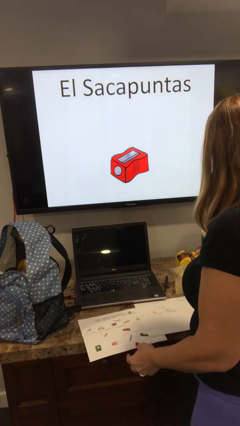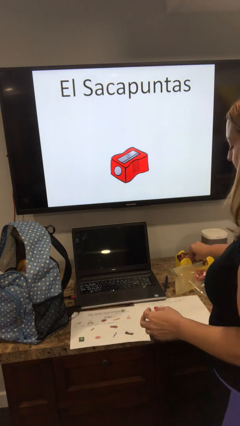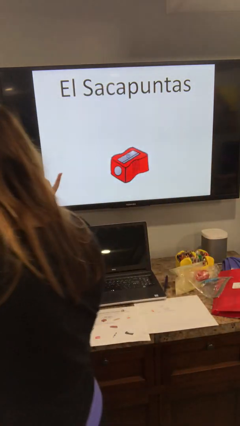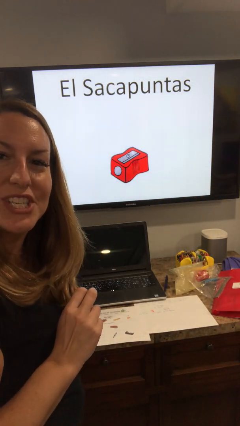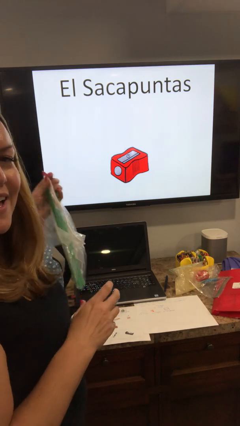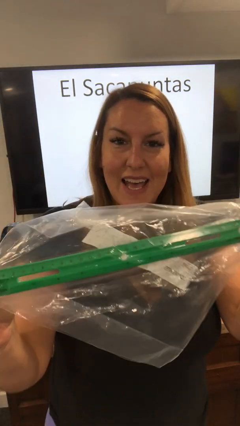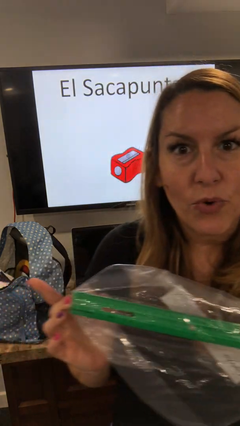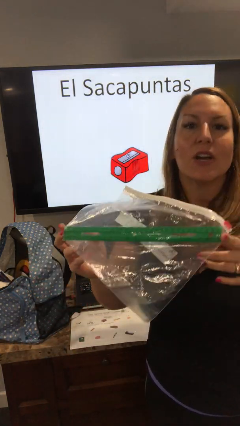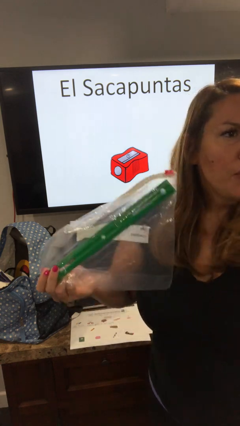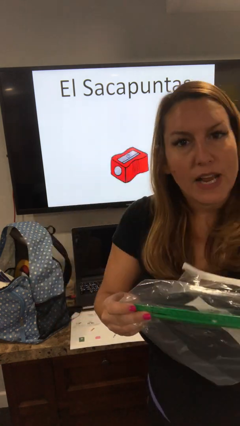Alright, the next one is a pretty easy one to remember. It's only 5 letters. So everybody ask me, ¿Qué tienes en la mochila? Tengo la regla, la regla. Notice I'm rolling my R, because in Spanish, when a word starts with R, you roll your R. La regla. So a good way to remember this one is ruler and regla.